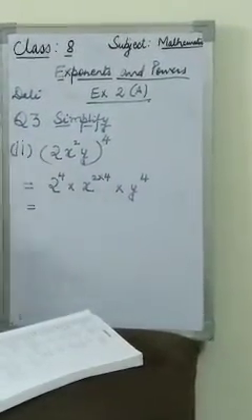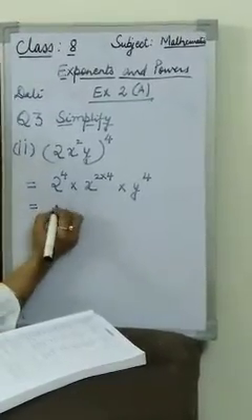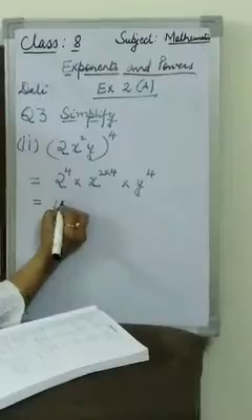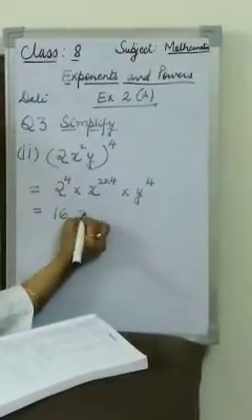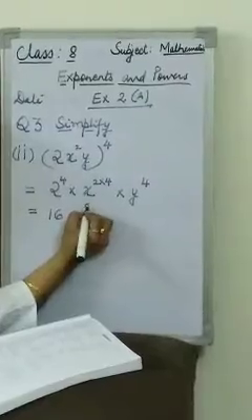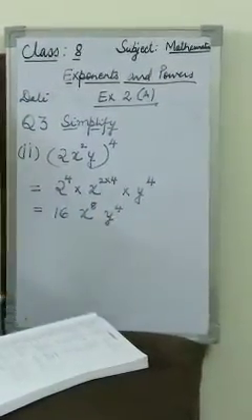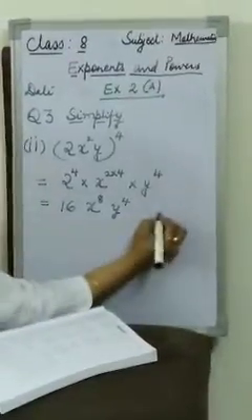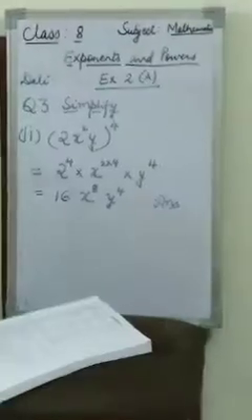So we get 2 to the power 4 is equal to 16, x to the power 4, 2 fours are 8, and y to the power 4. This is the answer, and this way we are going to solve the questions in the fair copy.